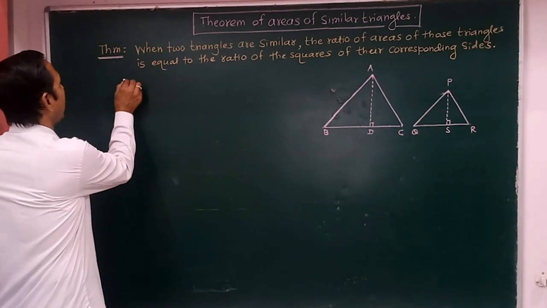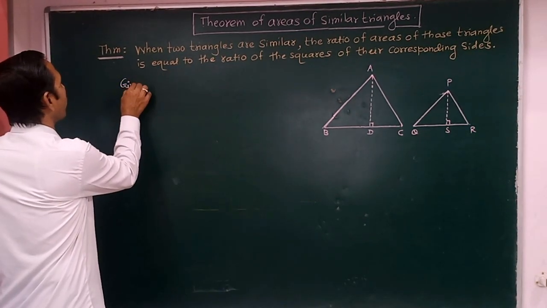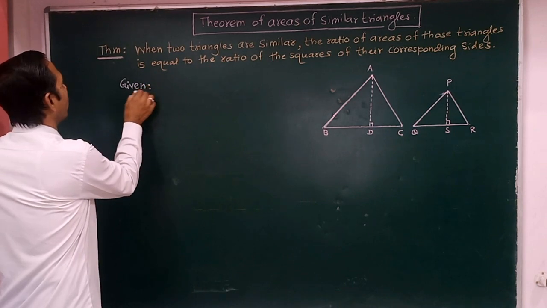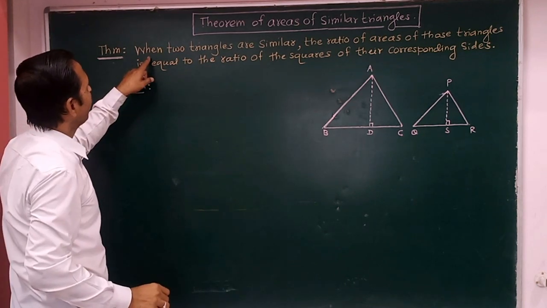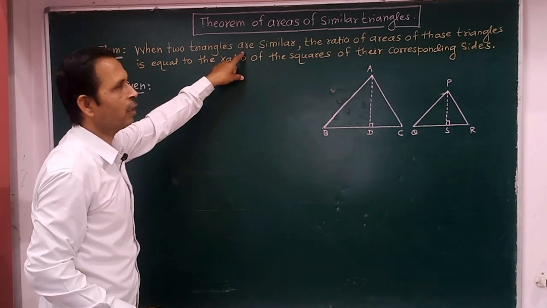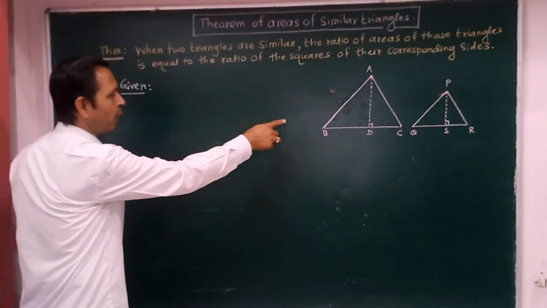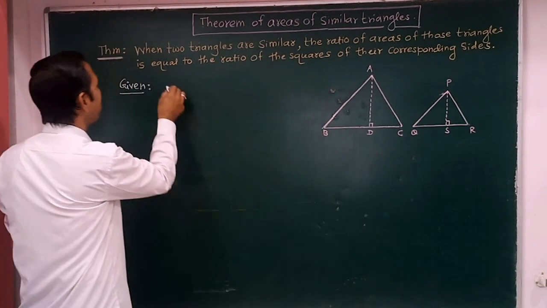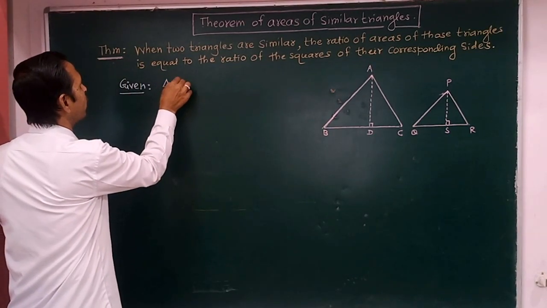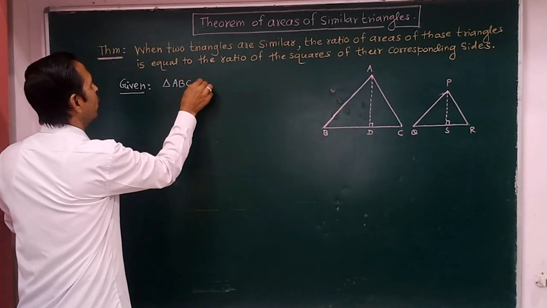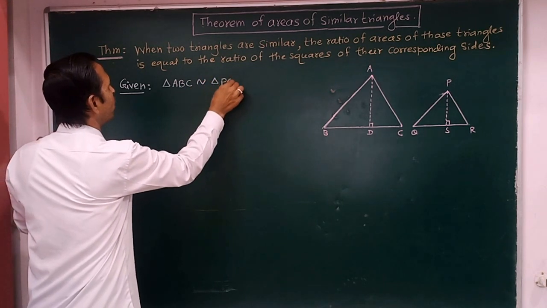First we write given. We are given that the triangles are similar, and we take the two triangles ABC and PQR. Write here: triangle ABC is similar to triangle PQR.